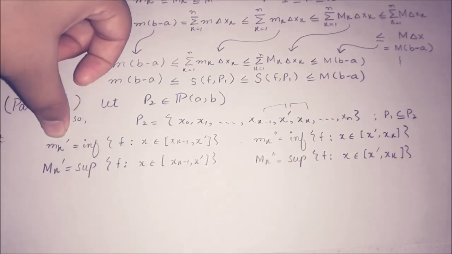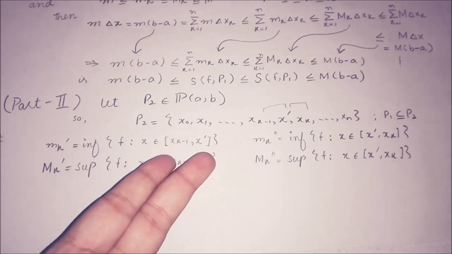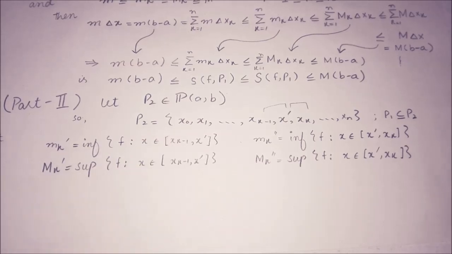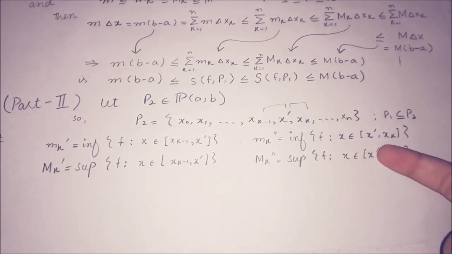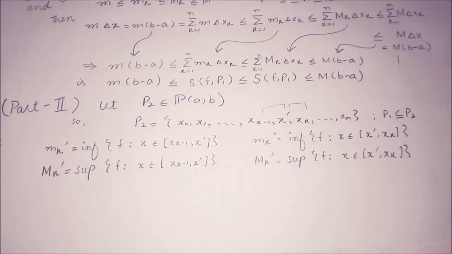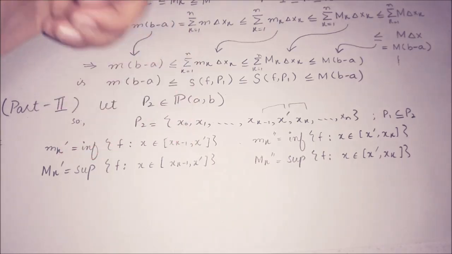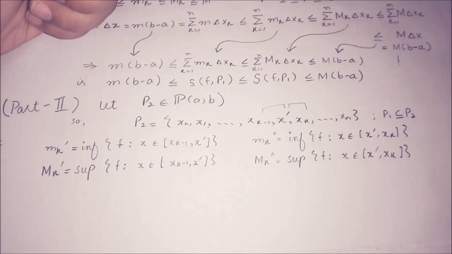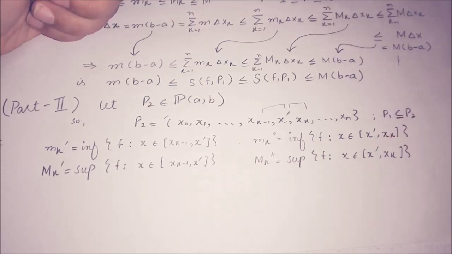So mk prime is the notation for the infimum when x is taken from this set, and mk double prime is the infimum when x is taken from the interval x dash to xk. Similarly for the supremum, capital Mk prime is the supremum of the values of x taken from the first interval, and capital Mk double prime is the supremum of the function when x is taken from the interval x dash to xk.